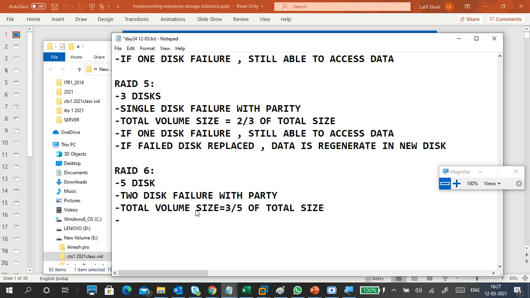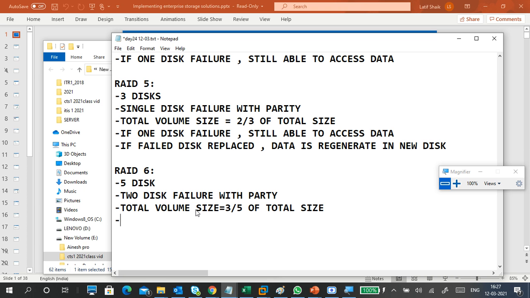Last year, last batch, they asked one question. Students asked, sir, what is the difference and who will use this one? Who will use a mirror? Who will use RAID 5? Who will use RAID 6? So it depends upon your enterprise and the required redundancy level, and the possibility of disk failures.